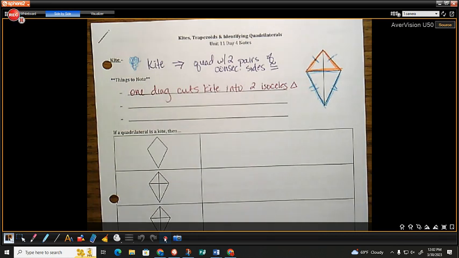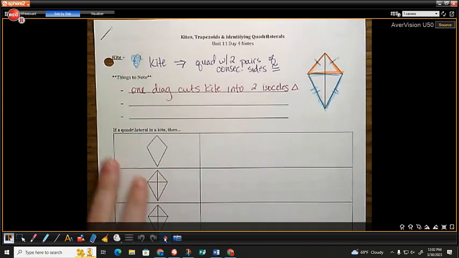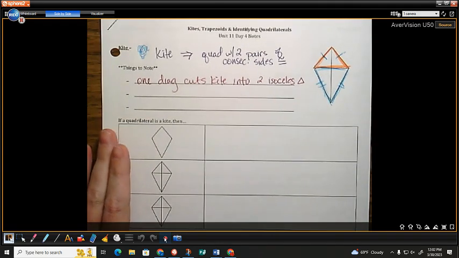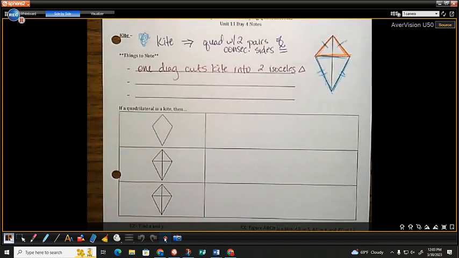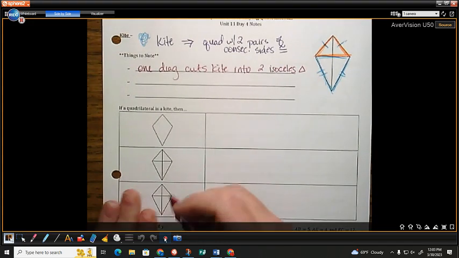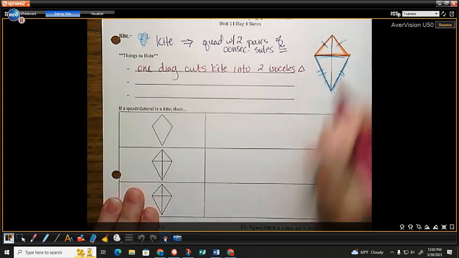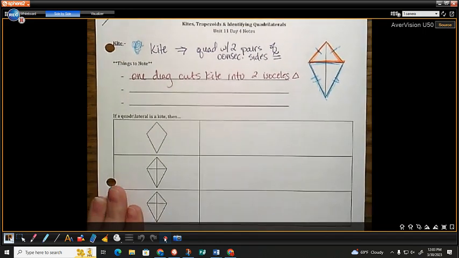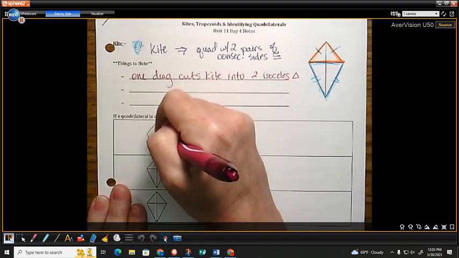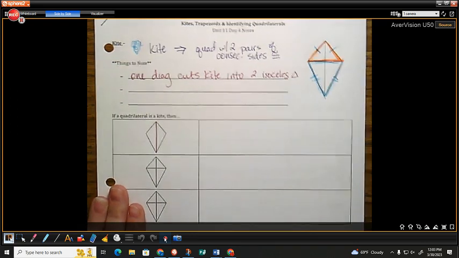Wait a second, hold on. So we've got here a kite, right? So in a kite, there's this diagonal that cuts it into the isosceles triangles. What if I drew that diagonal in my kite?